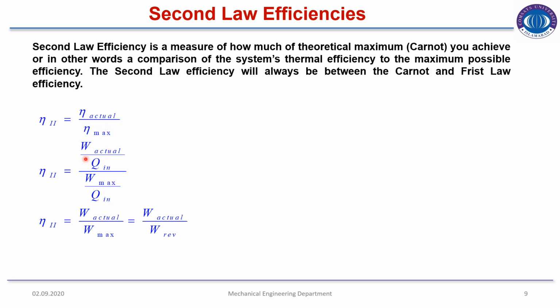Actual efficiency is W actual divided by Q in, and maximum thermal efficiency or Carnot heat engine efficiency is W max divided by Q in. So Q in will be cancelled out and the term left is second law efficiency equal to W actual divided by W max. Maximum work is obtained only by a reversible heat engine, therefore W max is replaced with W rev, which represents the work output of a reversible heat engine.